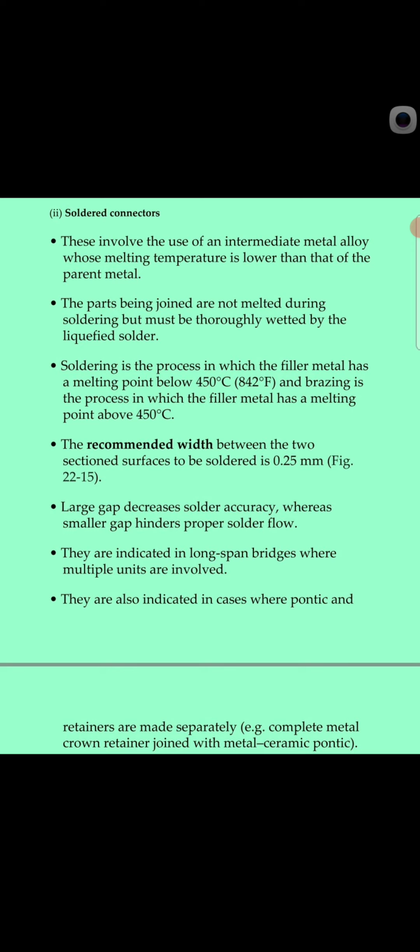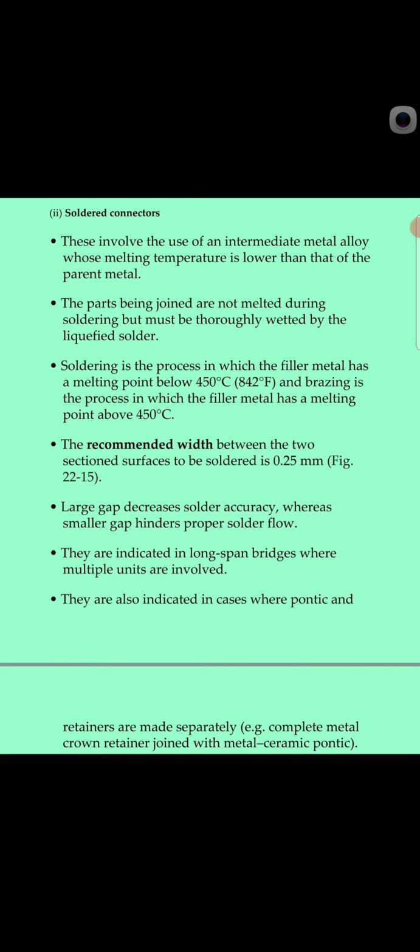The recommended width between the two surfaces to be soldered is 0.25 mm. This is 0.25 mm, and this is an MCQ point. For soldering, the recommended width is 0.25 mm. There should be no large or small gap.